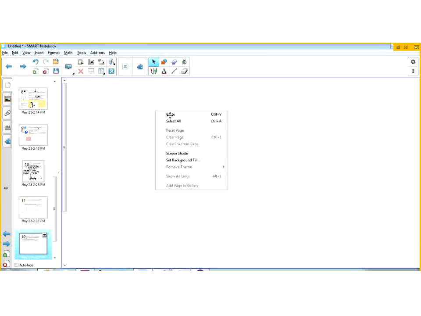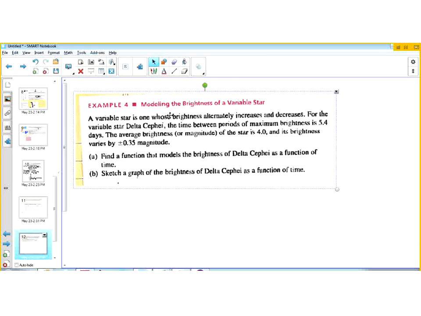So let me make sure I have the complete problem. All right. So in this problem, a variable star is one whose brightness alternately increases and decreases.